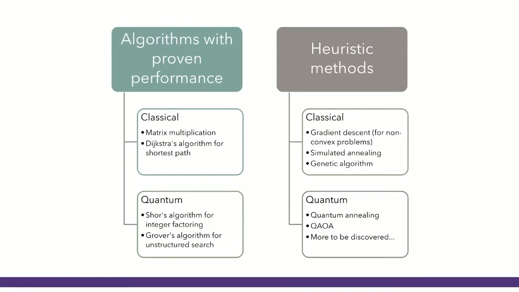However, the most powerful algorithms, including the most powerful optimization algorithms, both in classical, especially in the classical case, are often heuristic methods. And what I mean by heuristic here is that there is no guarantee of getting the optimal solution, of getting a solution of given quality in the worst case.